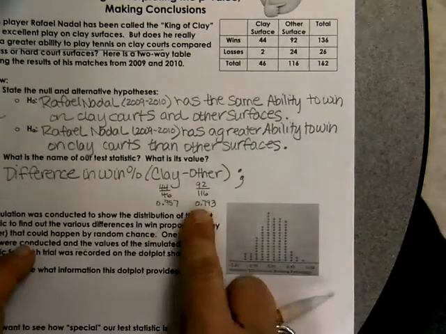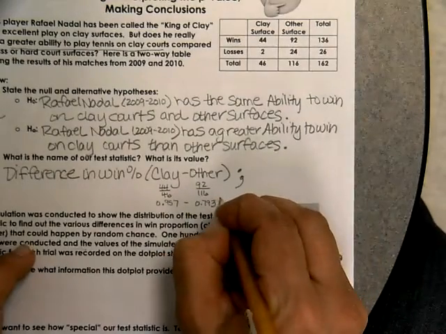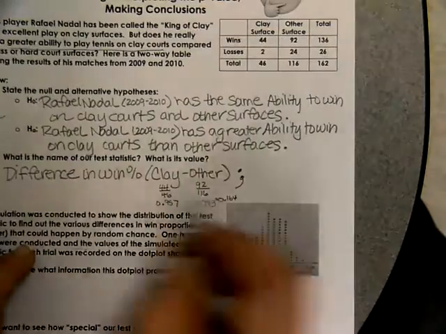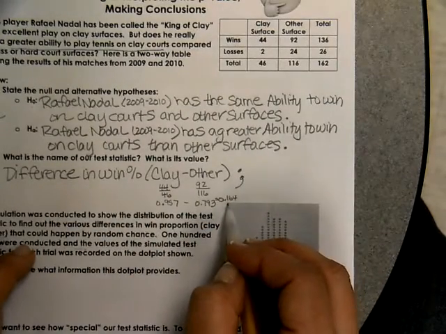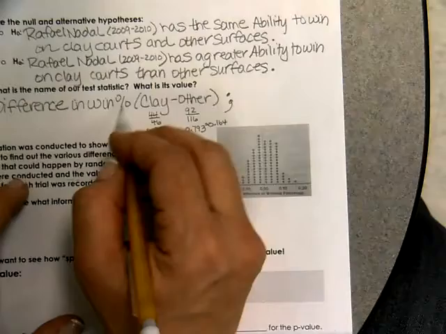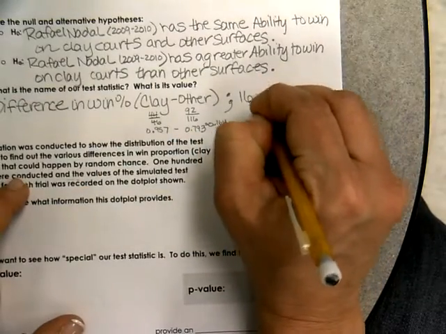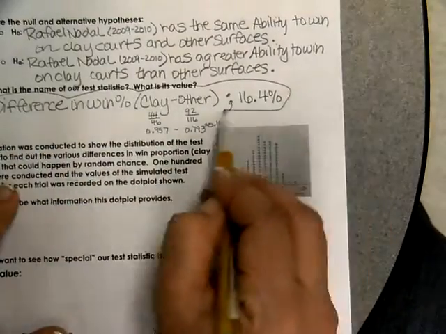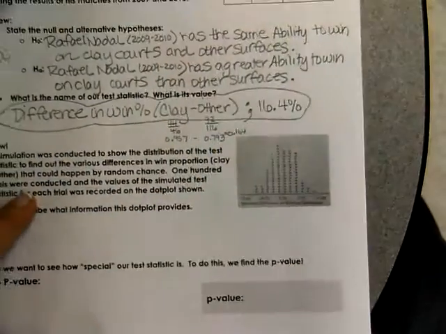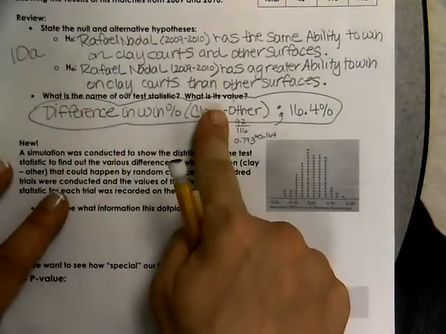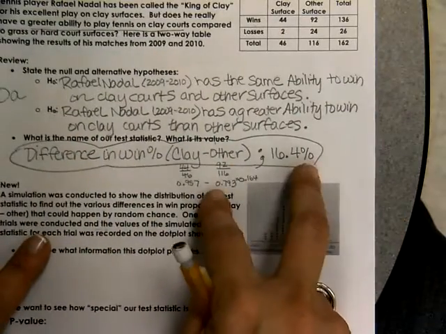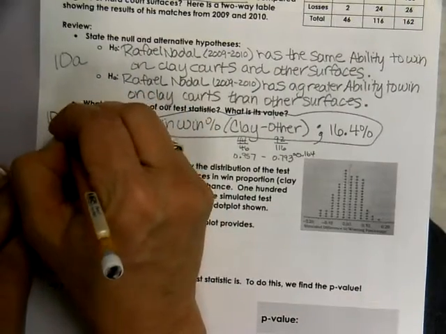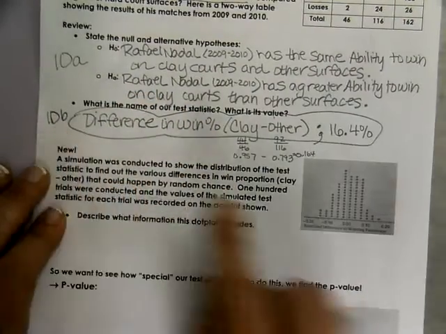So again, we take clay minus other, and that gives us about 0.164. So then our difference in winning percentage, you could articulate it as 0.164, or if we're talking about a percentage, we could say about 16.4%. So that is the name and value of our test statistic. Be very specific in the name. Use the two-way table to help us with our value. This is what you will be doing on your homework tonight in number 10B.